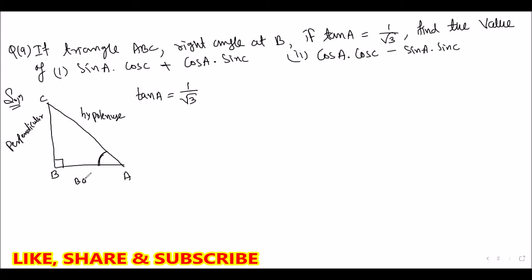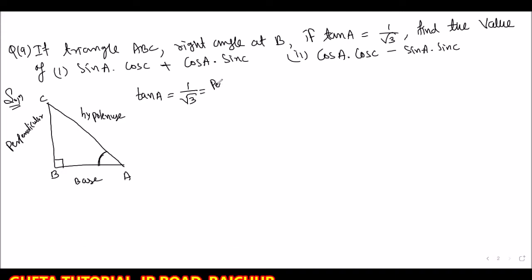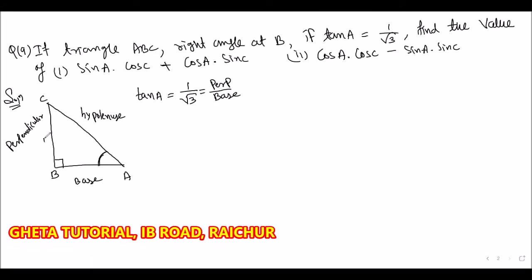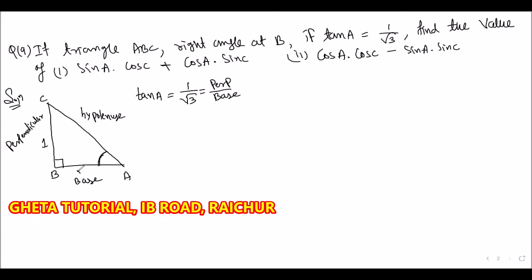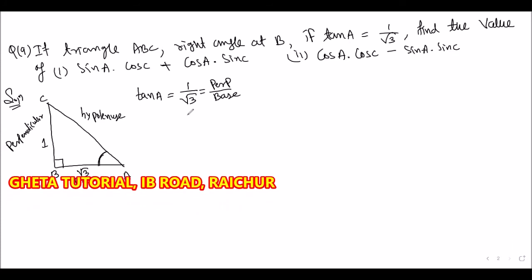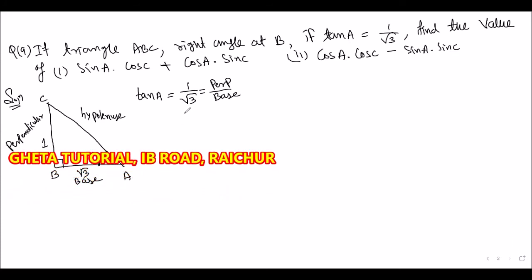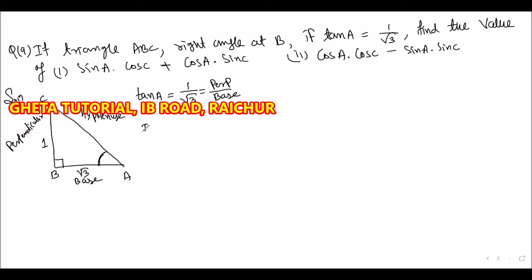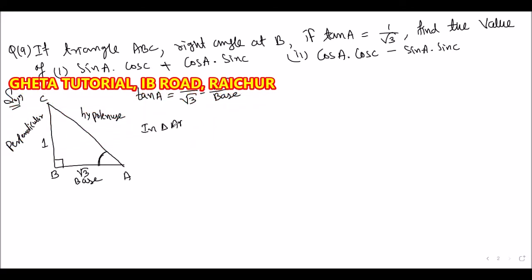So here tan A is nothing but the ratio perpendicular by base. Perpendicular is 1 and the base is root 3. Here we have to find the hypotenuse in triangle ABC.